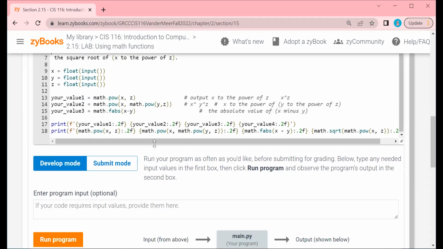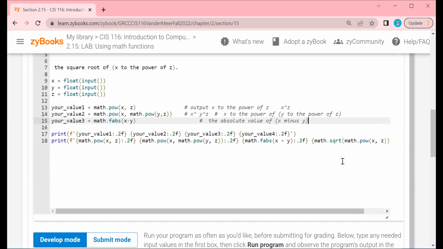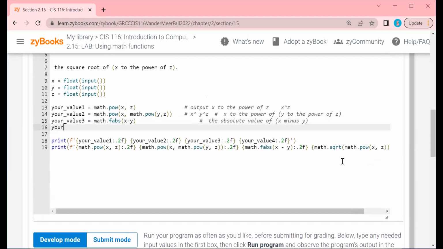And then the last one, and that's what we're trying to code. The square root of x to the power of z.